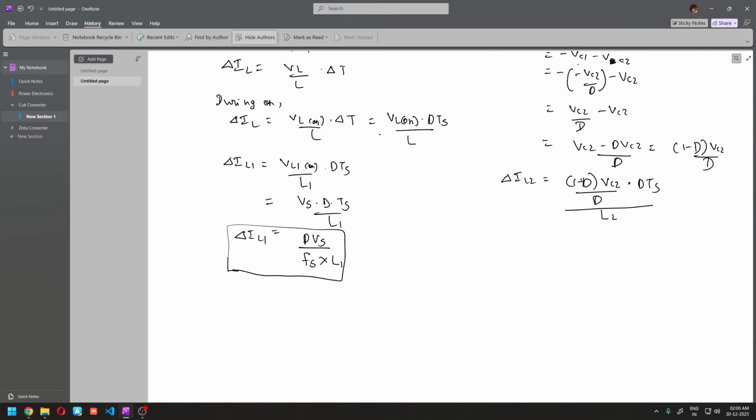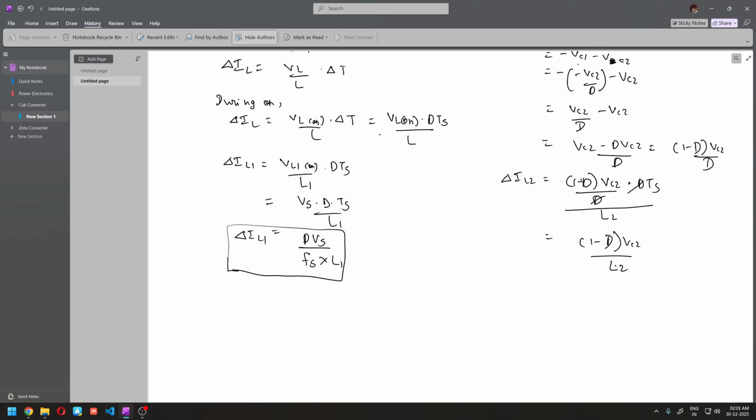So the D's are going to get cut here, as we can see. So after that, we're left with (1 minus D) times Vc2, and this divided by L2.